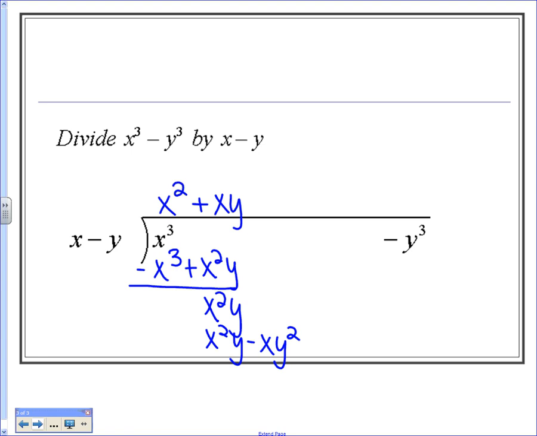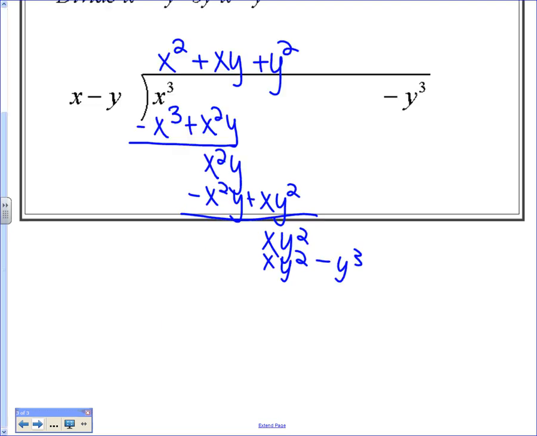Now what? Okay, x times what gives you xy squared? Is x times y squared, xy squared? And negative y cubed? And so that is your answer.